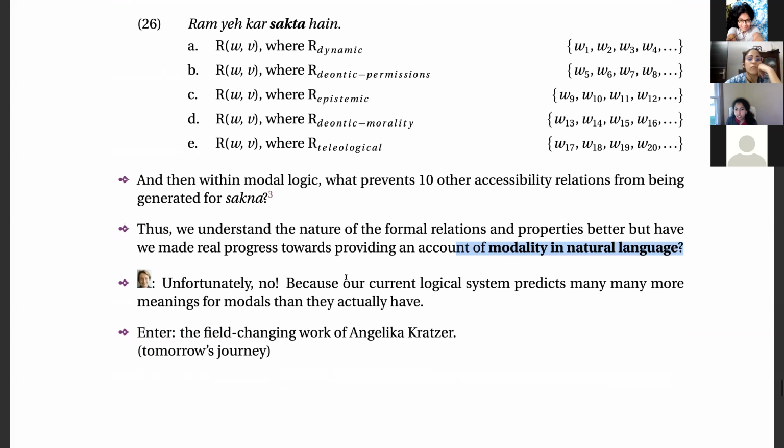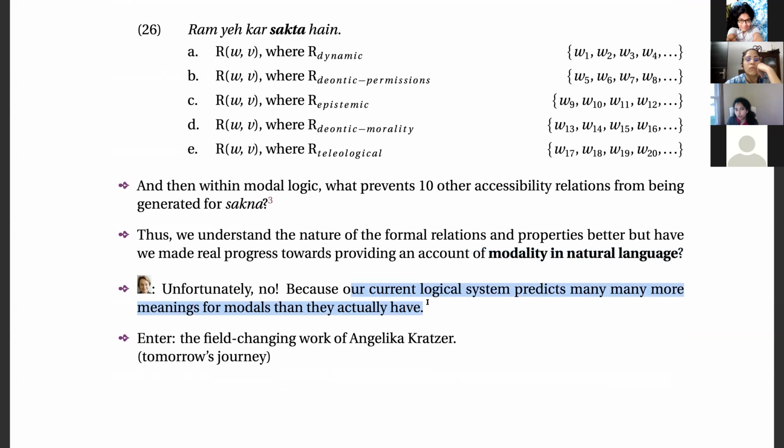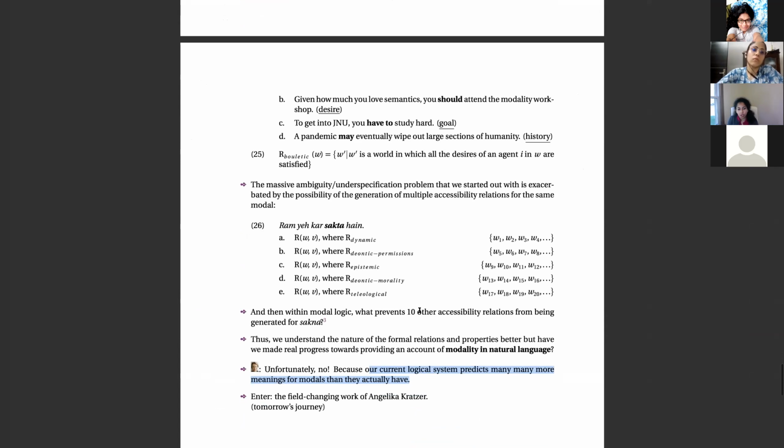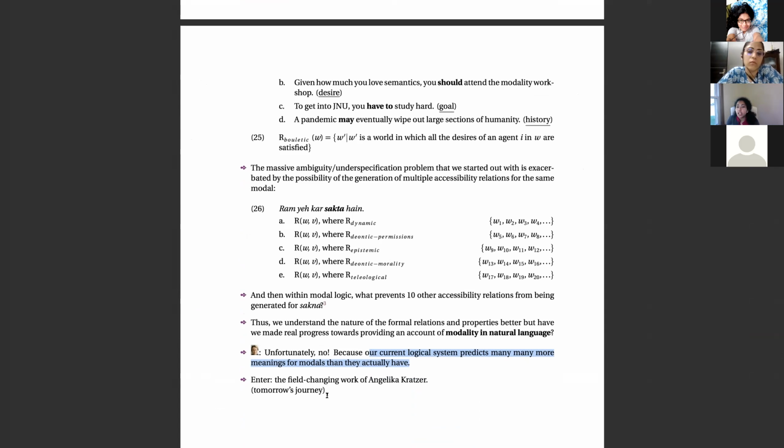Because the result is our current logical system predicts many, many more meanings for modals than they actually have. So then, she will propose a system based on David Lewis's work and other insights from modal logic that will help us get to a point where we have an account of modality in natural language based on natural language expressions and not formal properties of the logical system.